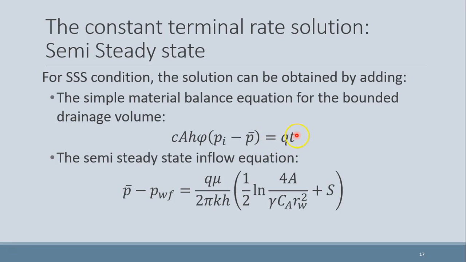and that is equal to Q t. This basically means the tank model. You are considering the reservoir to be a tank, and you are extracting fluid out of it. So in time t, the volume of fluid extracted would be Q into t, where Q is a constant.